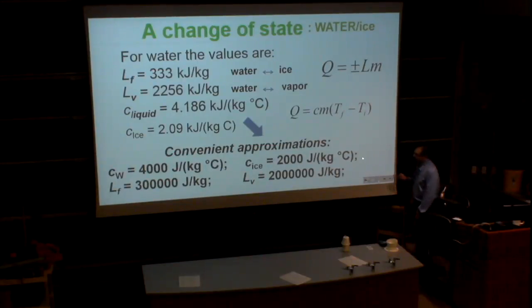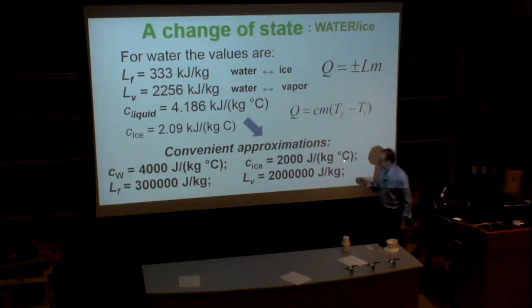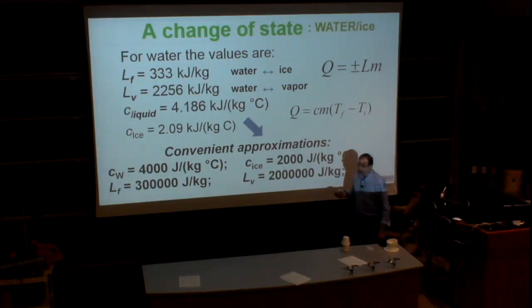So a standard unit is joule per kilogram Celsius. And when you do homework, you have to use exact values. But in a classroom or an exam, we're going to be using rounded values because it makes calculations easier.